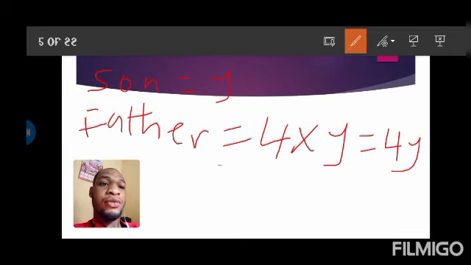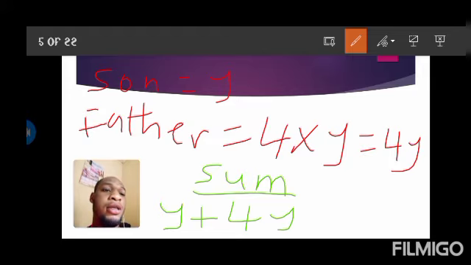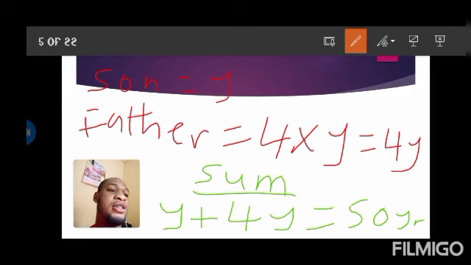If that's the case, the next step is to find their sum, right? The sum of the father's and son's ages will now be y plus 4y equals 50 years. The son's age is y years. It could be x, could be y, could be p, could be z.